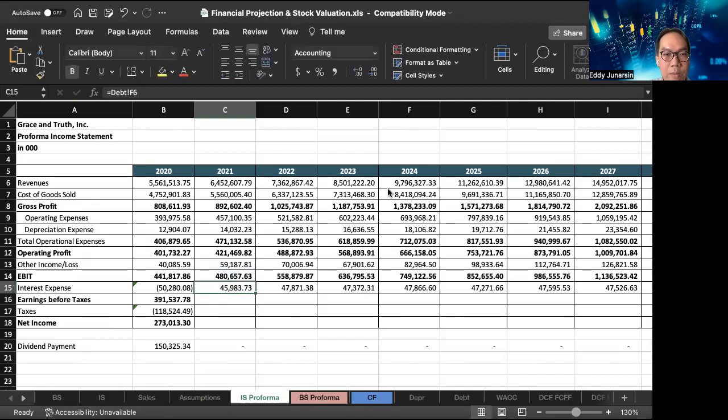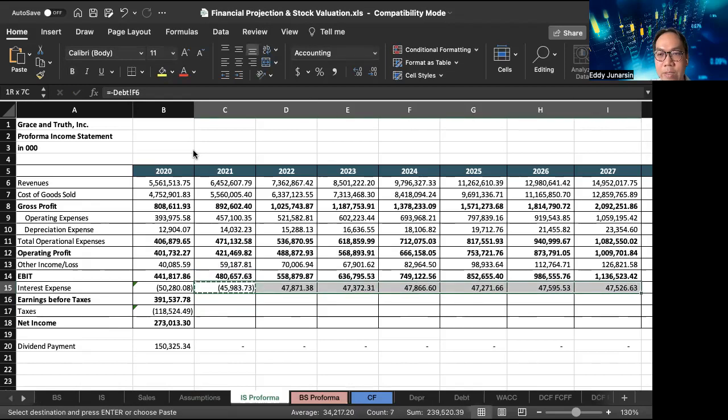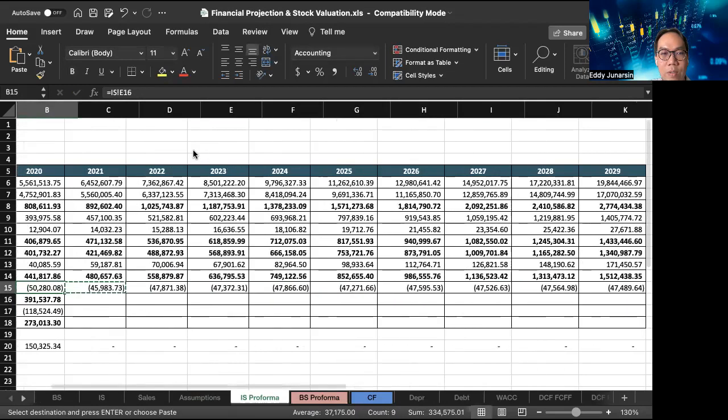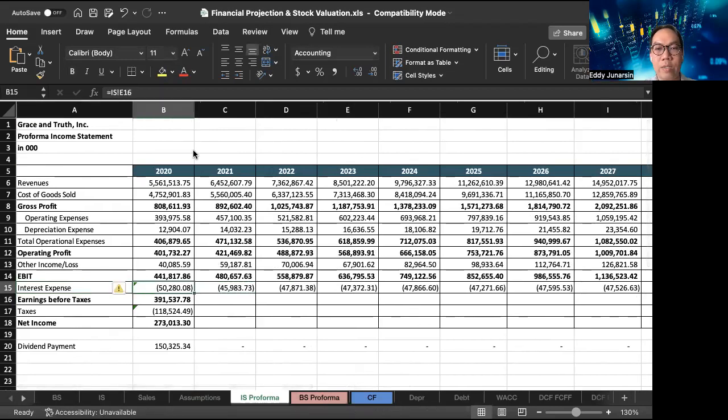Maybe to make it consistent with the previous year, I just use minus here. Minus means we are paying, just to make it consistent with the use of sign. Actually, interest expense we saw as a positive number, but it's because we are paying. In this sheet, to maintain consistency with previous years, I would just use the minus sign also.